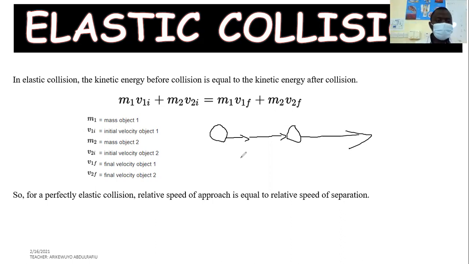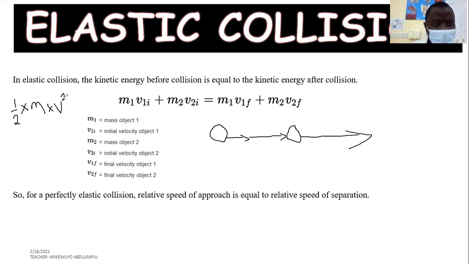Now, as you can see on the screen, in elastic collision, the kinetic energy before collision is equal to the kinetic energy after collision. I'm sure you know what kinetic energy is. That is the energy of a body in motion, which is always 1/2 mass multiplied by v squared. That is the kinetic energy formula.